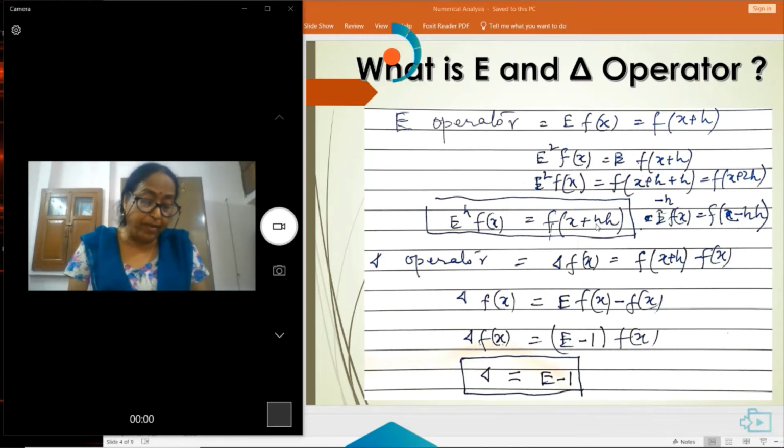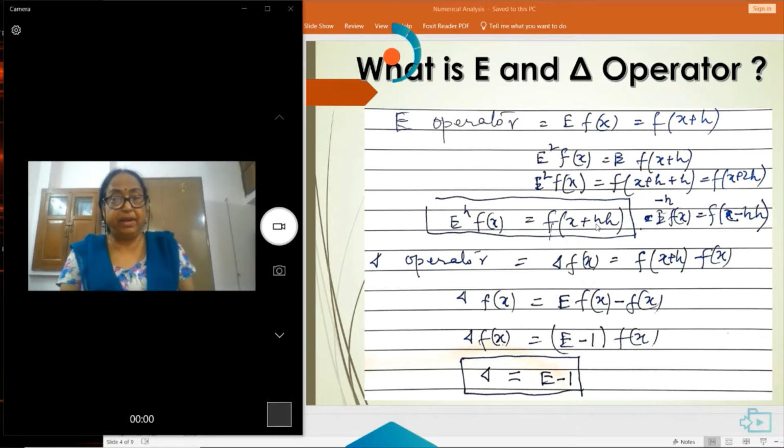In place of f(x plus h), we can write E f(x). So delta f(x) is equal to E f(x) minus f(x). So delta f(x) is equal to (E minus 1) f(x). So delta is equivalent to E minus 1.